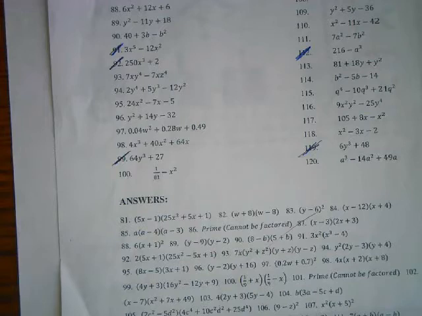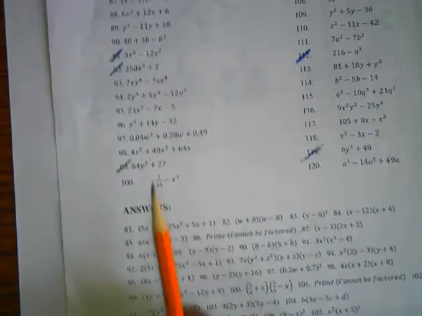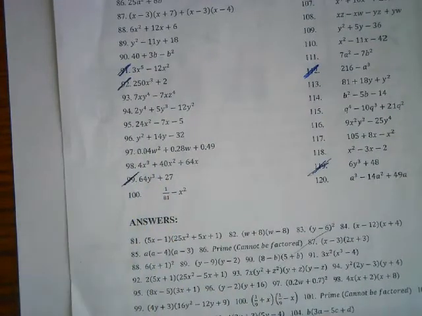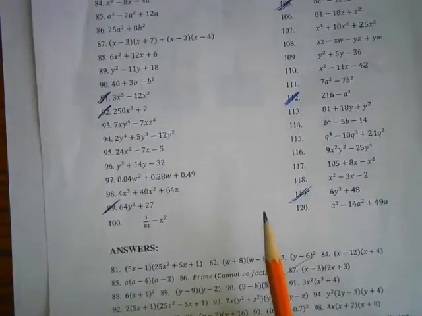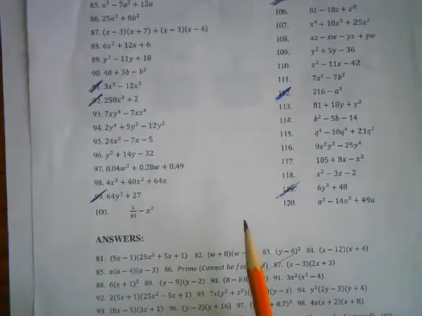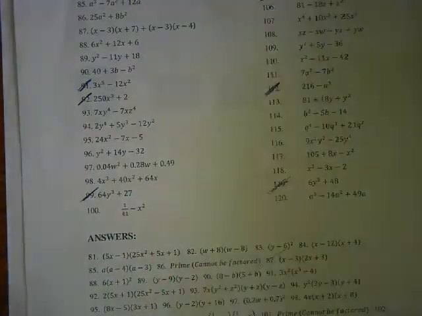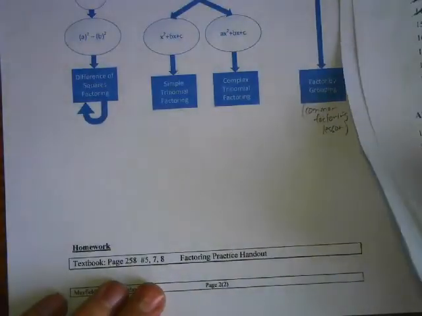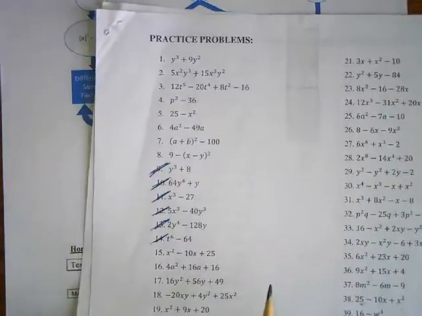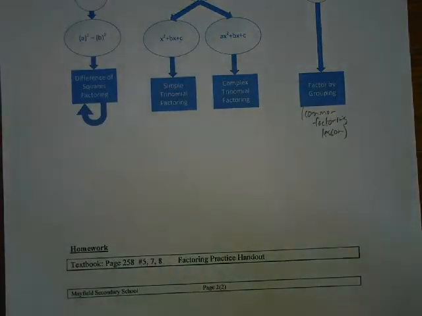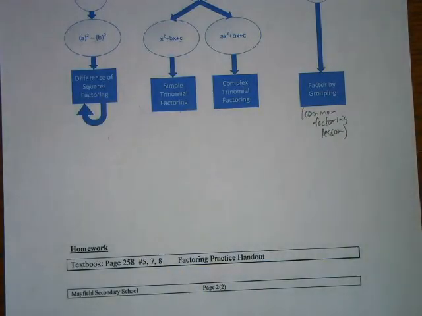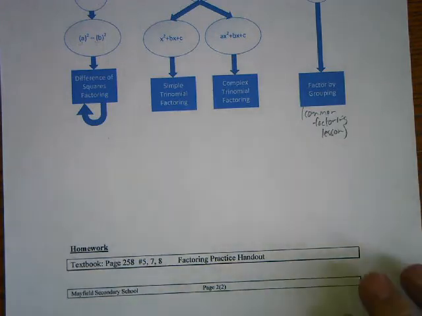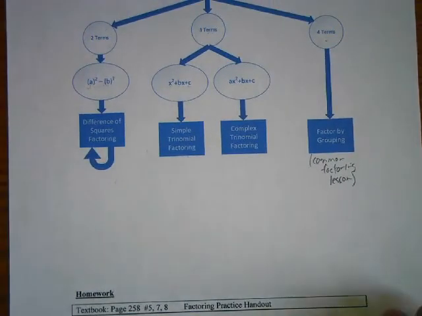If you can do these tougher questions like 97 or 100, that shows that you're pretty strong at this, and you should feel pretty confident going forward with your abilities in factoring. So you've got a few questions from the textbook. You've got this practice problem handout, and that will show you where you stand with your ability to factor and go forward with that knowledge.